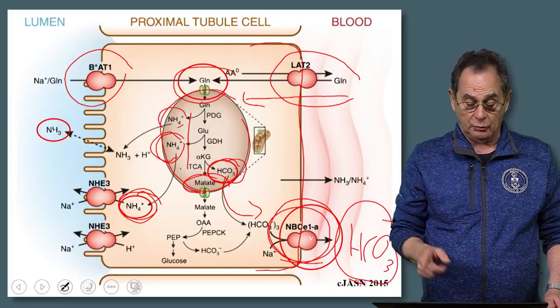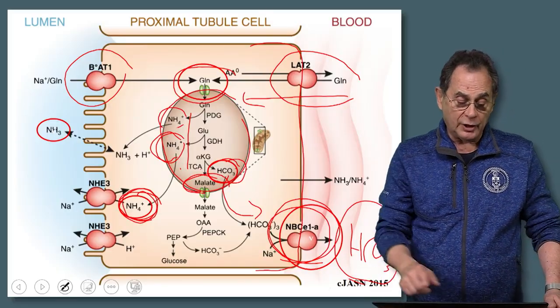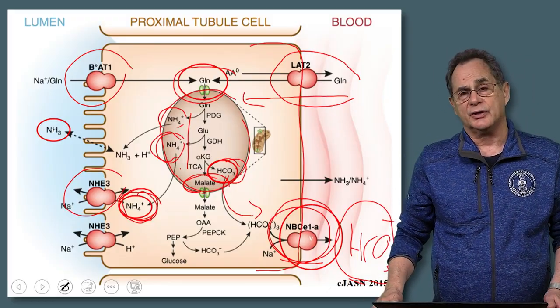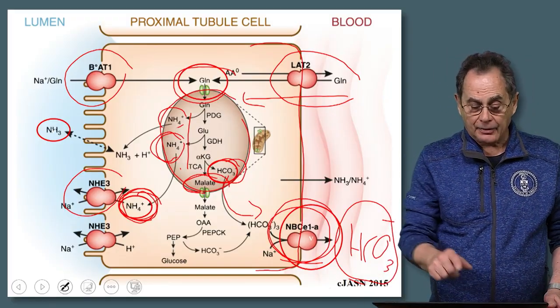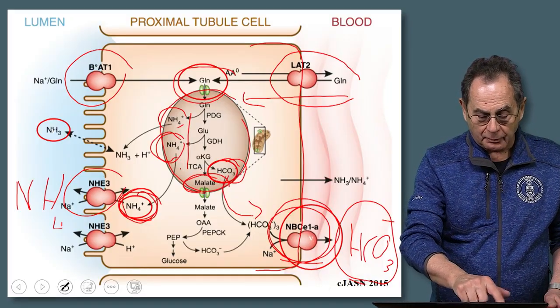Now, what we have to do now is get rid of the ammonium. Ammonium hops on our old friend, this sodium hydrogen exchange protein, and it is then transported into the lumen of the membrane.